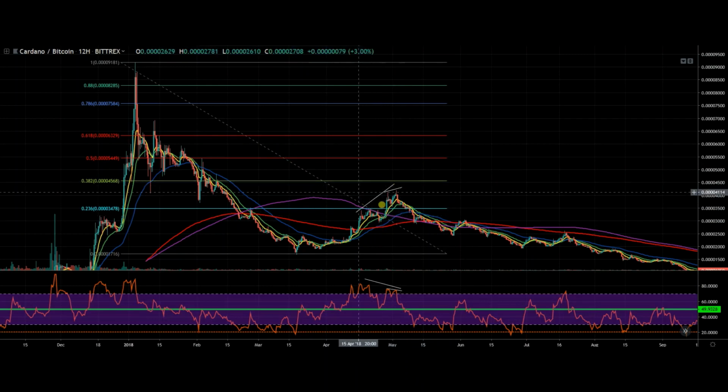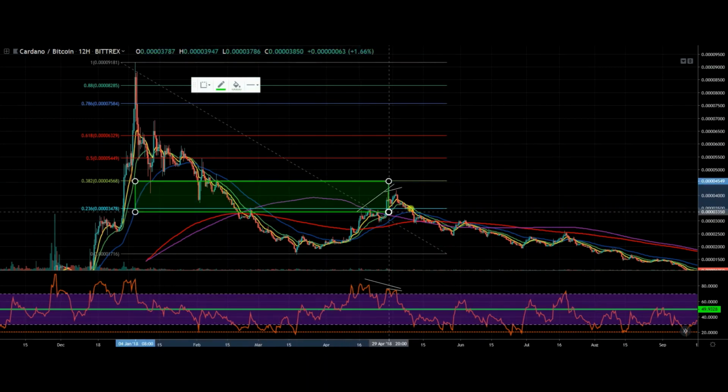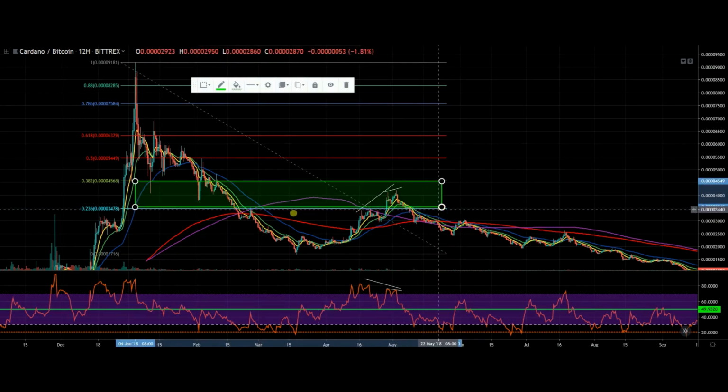But notice that we are into this resistance here. This has now become resistance. These pivots here, and this base, these are now resistance, but they are also into the 38%. So you can see that into the 38% with the double bearish divergence.